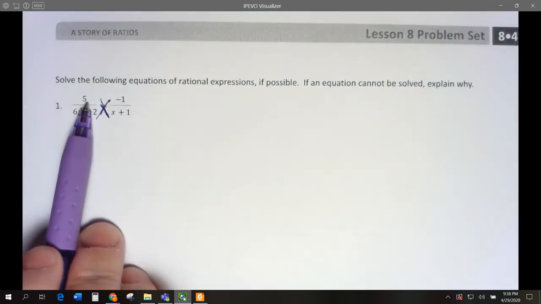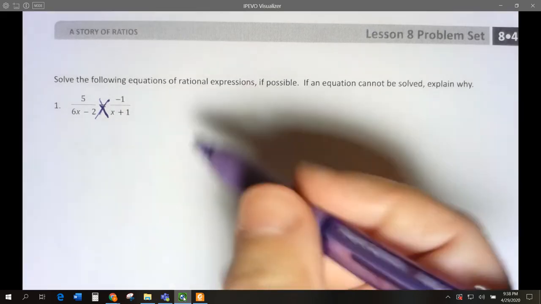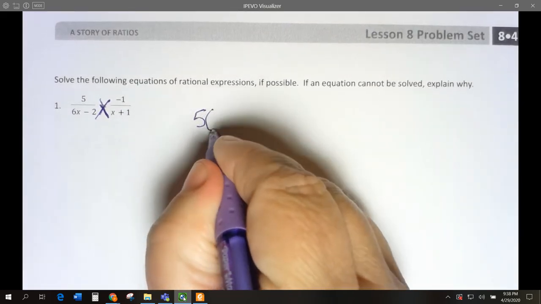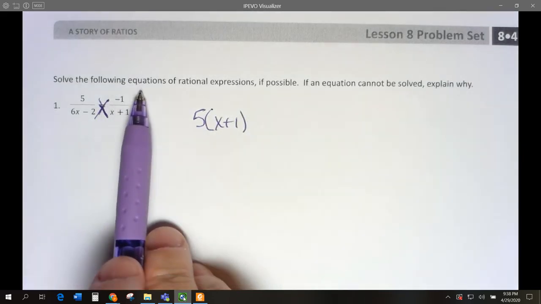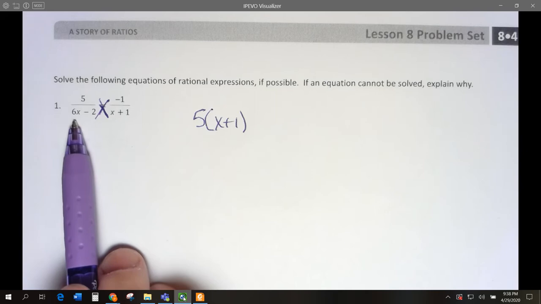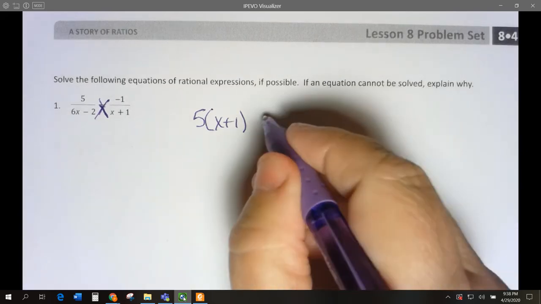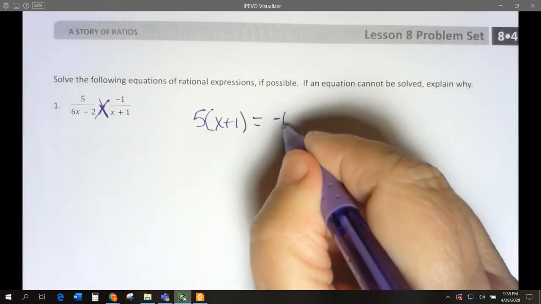So here we're going to go 5 times x plus 1, and a negative 1 times 6x minus 2. These are going to be equal.